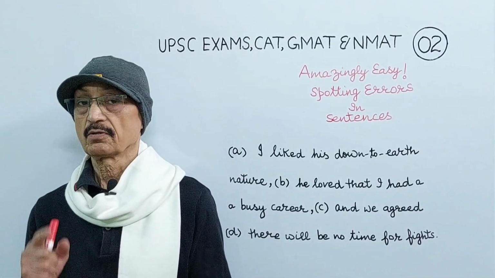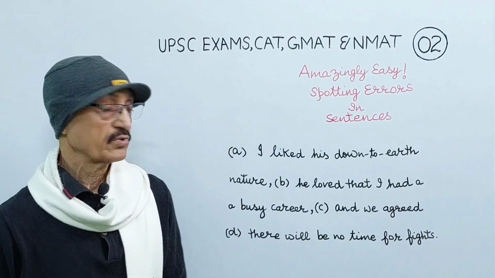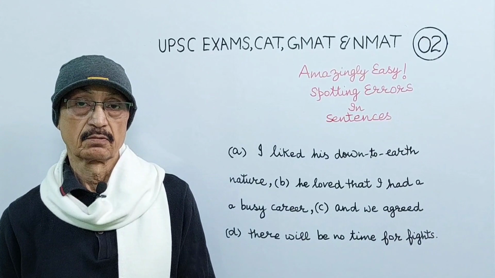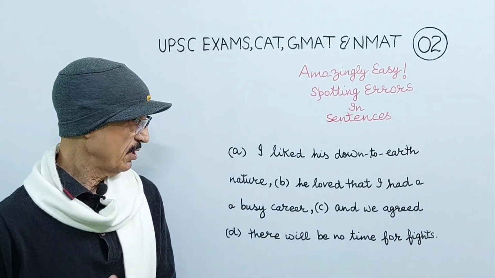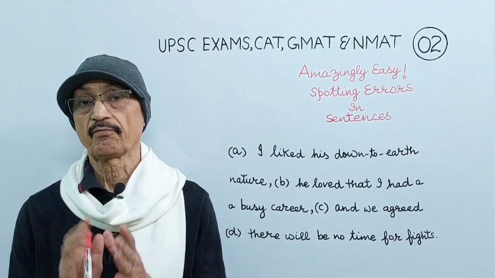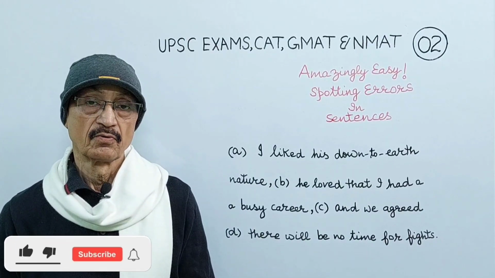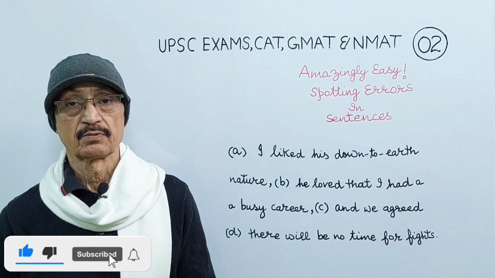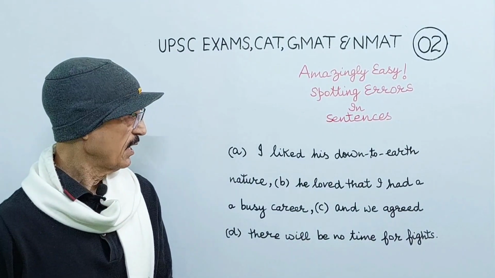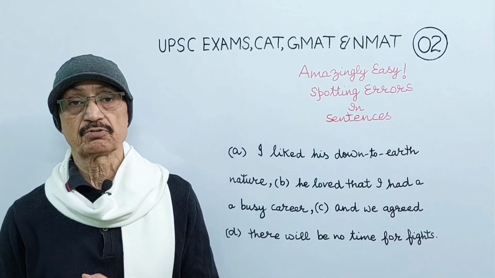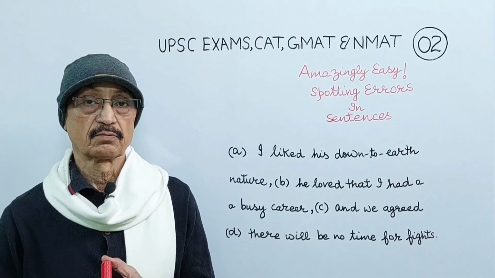Let us go through this sentence. I liked his down to earth nature. He loved that I had a busy career, and we agreed there will be no time for fights. Let us find out which part of this sentence contains an error. Part A, I liked his down to earth nature. Simple past tense has been used here, so this is correct.